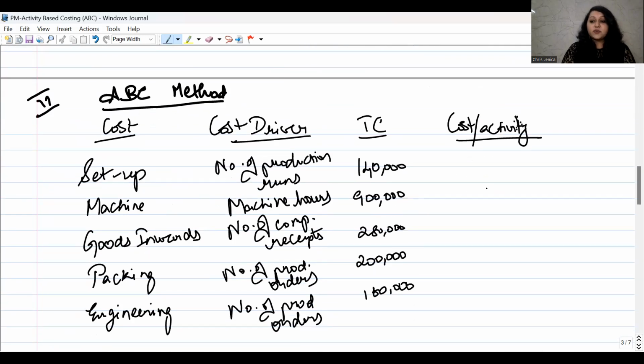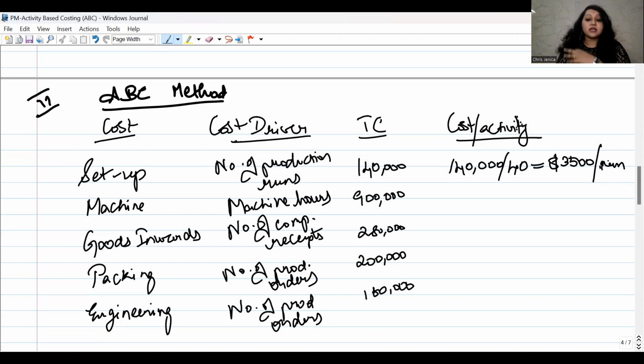So the total production runs were 40. Now the cost per activity will be 140,000 divided by 40 production runs, which is equal to $3,500 per production run. So this is your cost per activity.